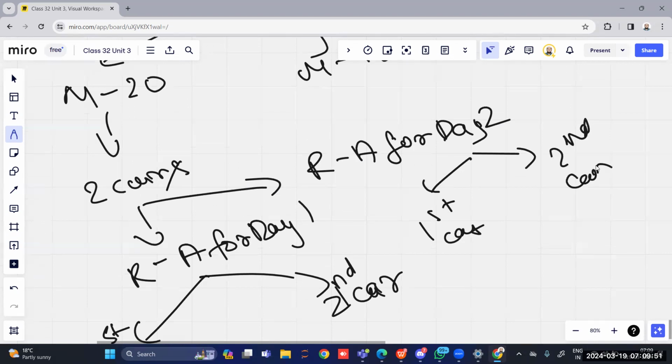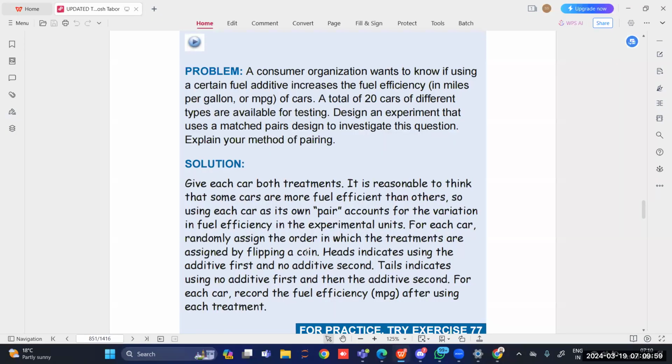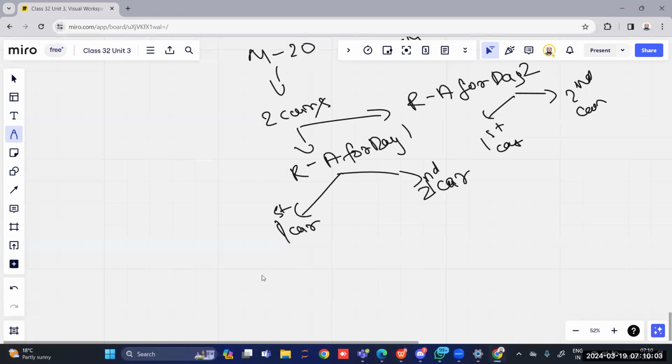So here the car gets fuel with additive, and the other gets fuel without additive.